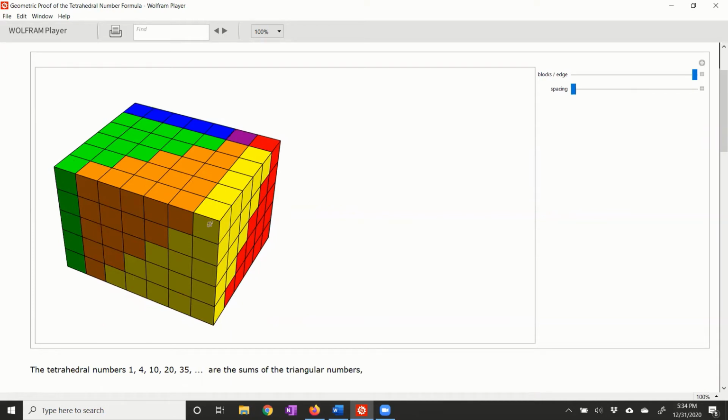This rectangular solid is 5 high. This dimension is 1 more than 5, which is 6. And this dimension is 2 more than 5, which is 7. So the total volume here is 5 times 6 times 7, and we would need to divide by 6. This is a visual way of seeing why the formula works.